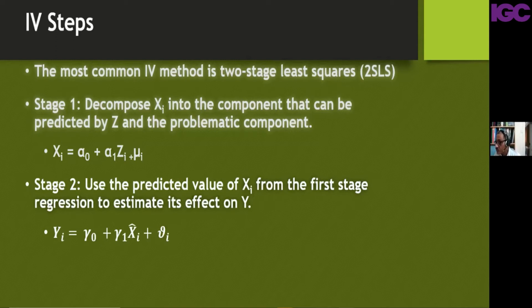And this two-stage least squares will give you an unbiased estimate of the effect of x on y. So in this case, the coefficient of x1 hat should give you the effect of the program on the outcome.